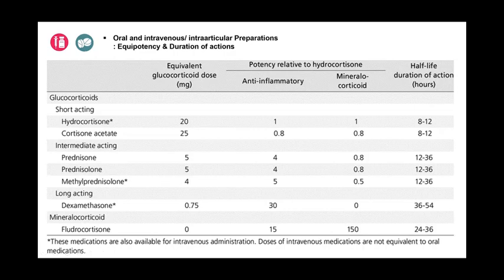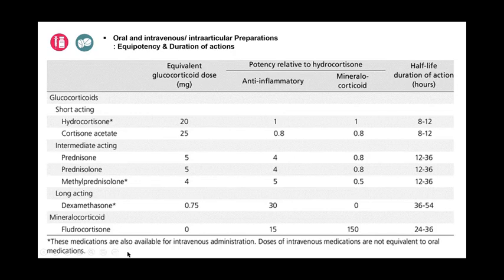Another thing I want to highlight here is dexamethasone. Dexamethasone only acts on the glucocorticoid receptor, and it is 30 times more potent compared to hydrocortisone, but it has no activity on the mineralocorticoid receptors. That's why 0.75 mg of dexamethasone is equivalent to 20 mg of hydrocortisone.